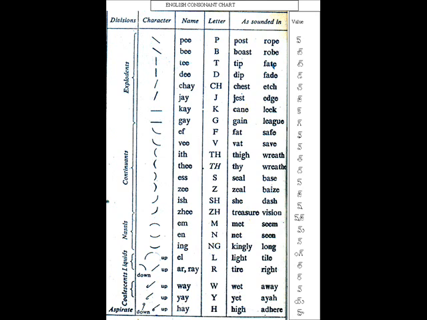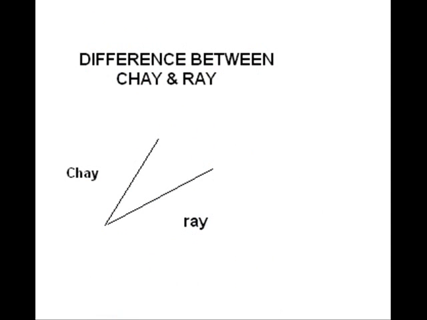Then, as I said, there is a similar shape. Che is written downward, whereas Re is written upward.